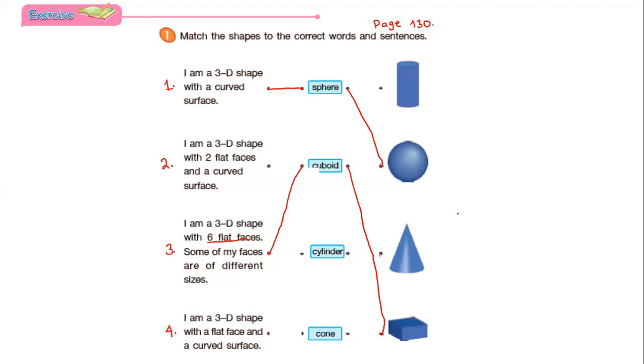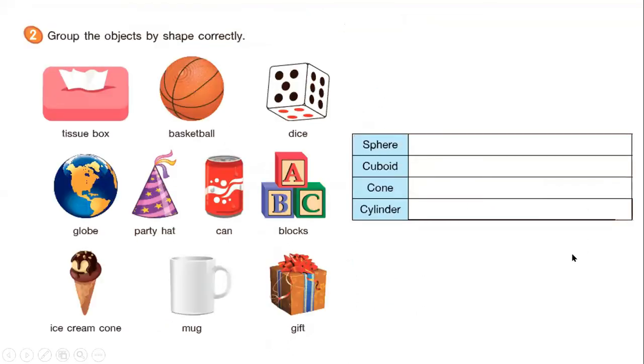Okay. Now let's look at number 2. Group the objects by shape correctly. Okay, so we have a tissue box, a basketball, dice, a globe, a party heart, a can, blocks, an ice cream cone, a mug, and a gift.